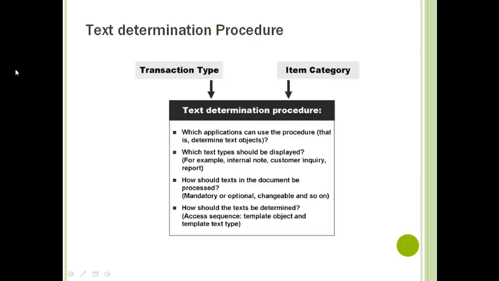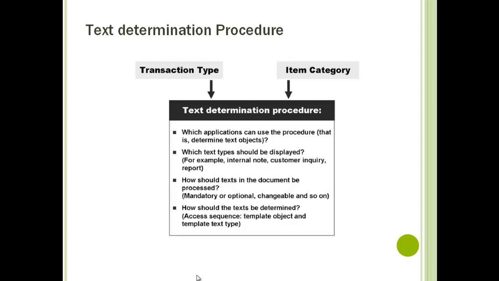So we are assigning the text determination procedure to a transaction type or an item category. The text determination procedure determines which application can use the procedure, that is, which text objects. We saw that we have several text objects like CRM order H. Which text type should be displayed? Corresponding to a text object, we have different text types like internal note, customer inquiry, report.